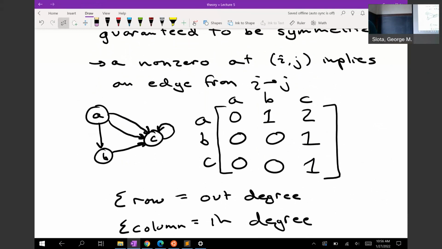So that's only the case with undirected graphs. The reason why is we're considering out degree and in degree separately, so both of those are accounted for with just this index via the sum of the rows and the sum of the columns.